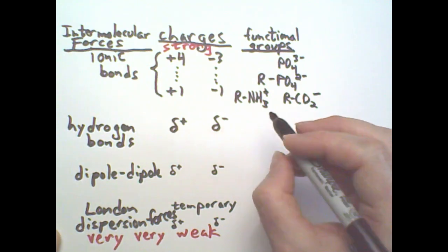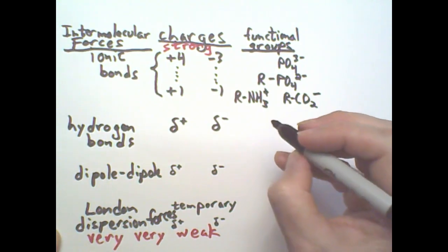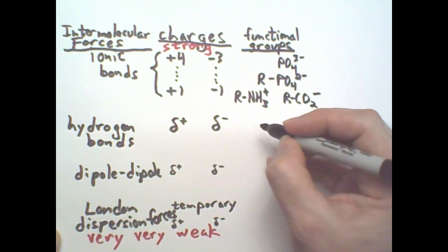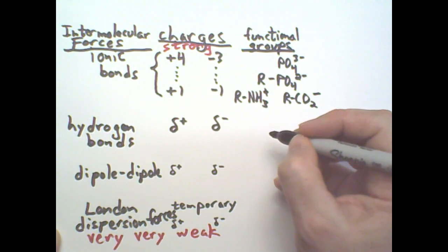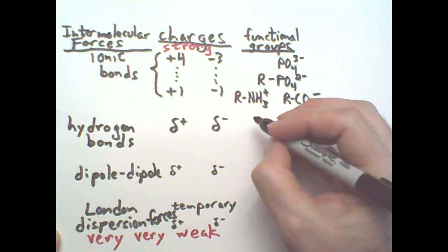Hydrogen bonding. We get that whenever we have an N or an O or an F, as you've learned in your previous classes, bonded to an H. And then it can form hydrogen bonds. So we're going to look at hydrogen bonds.